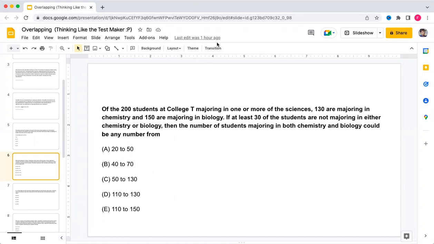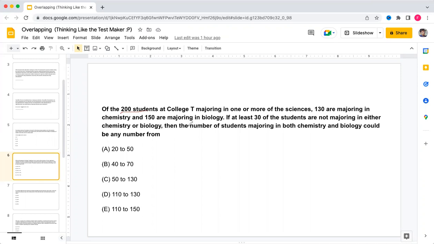In this question, we are given that of the 200 students at college T majoring in one or more of the sciences, we have total 200 students. Out of those, 130 are majoring in chemistry and 150 are majoring in biology.